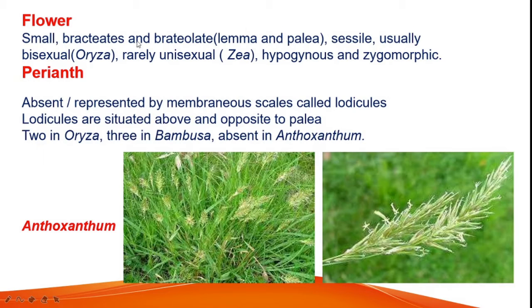Sessile flowers usually bisexual, rarely unisexual, hypogynous and zygomorphic. Perianth is absent or represented by membranous scales called lodicules. Lodicules are situated above and opposite to the palea. 2 lodicules are present in Oryza, 3 in Bambusa and absent in Anthoxanthum. This is the Anthoxanthum plant.